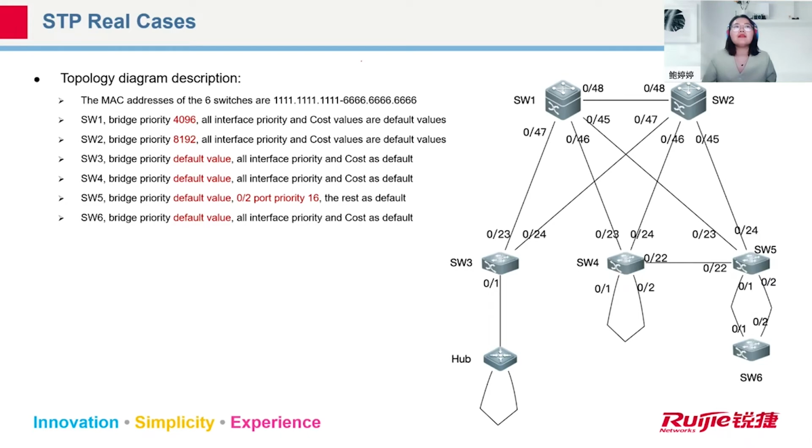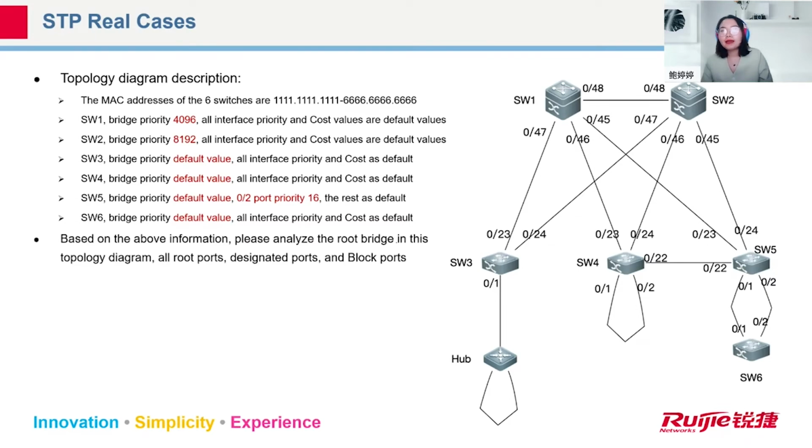On the right are the priority parameters of the switches and their MAC addresses, and we also changed some port priorities. According to these parameters, please analyze which switch will become the root bridge, and what is the RP, what is the DP, and what is the blocked port.